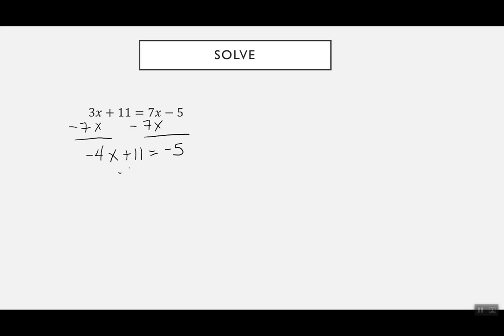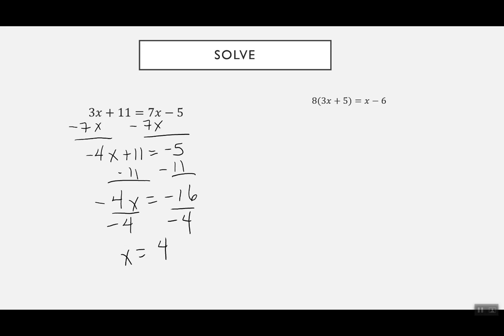I'll subtract 11. Negative 4x is negative 16, and then divide by negative 4. Now remember, a negative over a negative is a positive, so negative 16 over negative 4, my answer is positive 4.